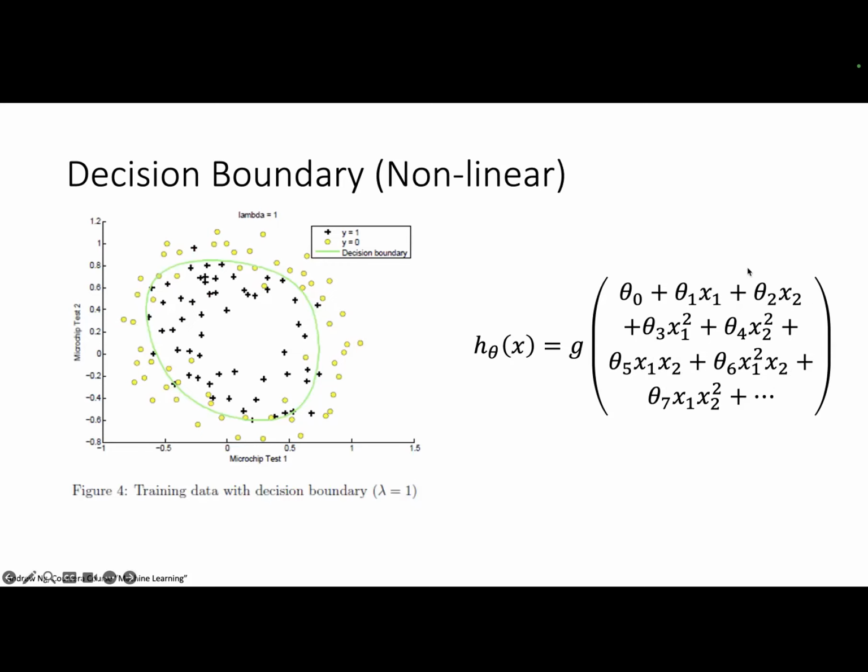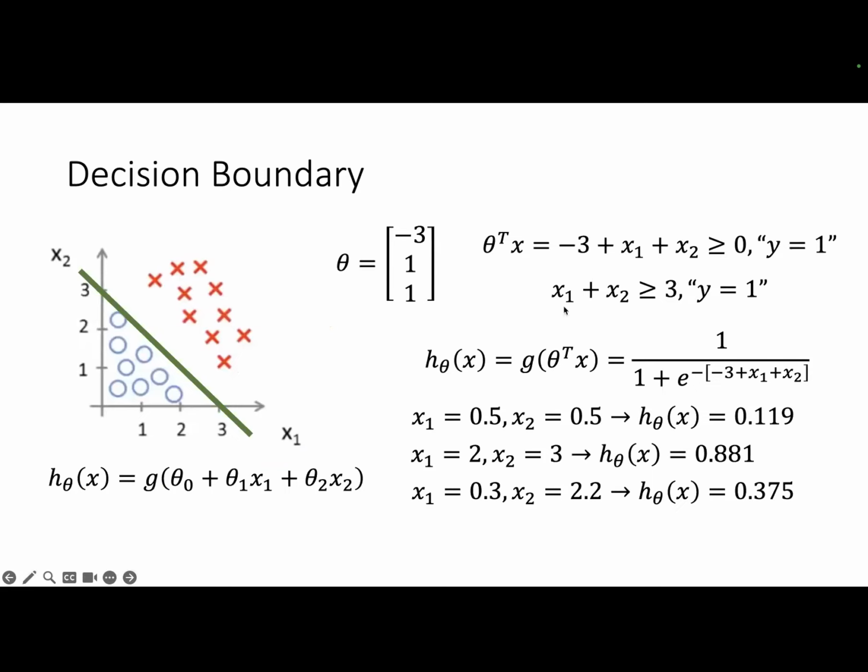So the more complicated the hypothesis, you can make a decision boundary that will model your data better. Here our hypothesis is very simple.